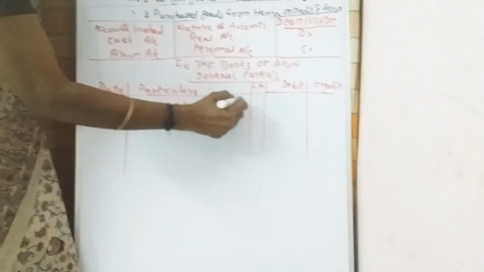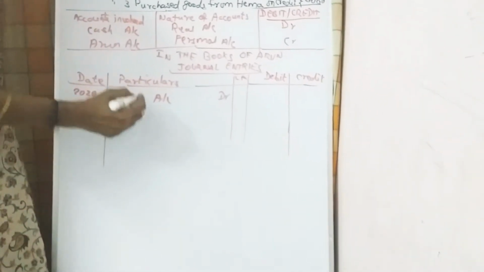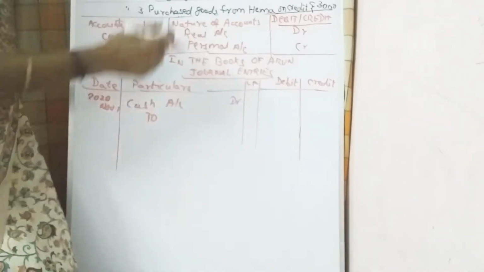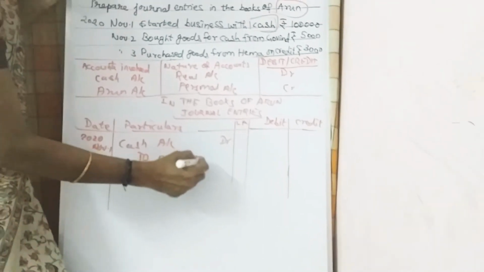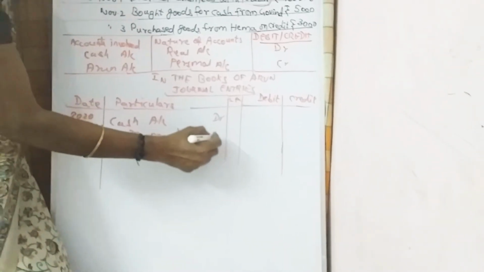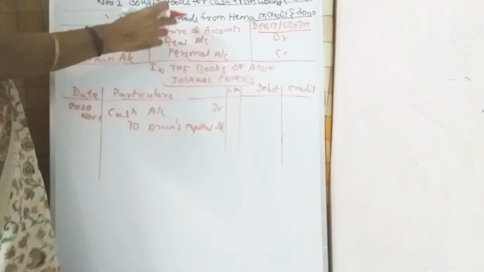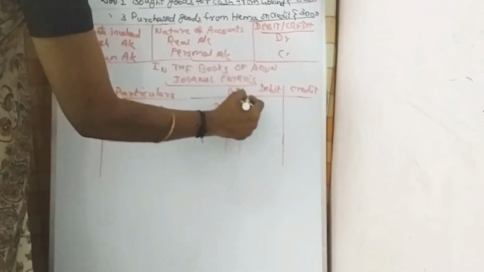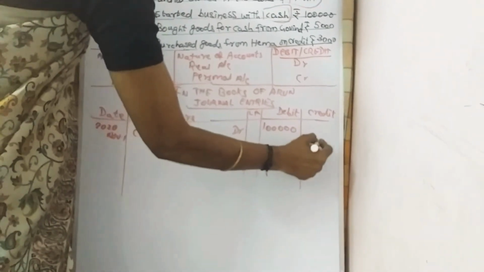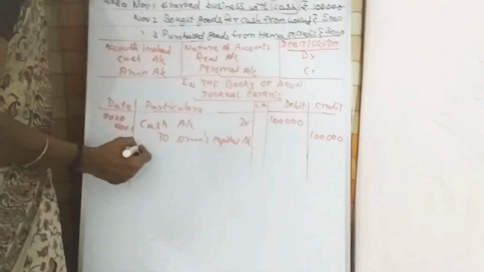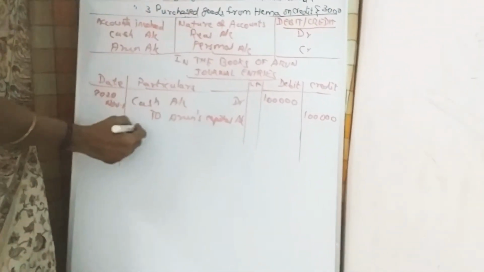So cash account debit, to the giver, Arun's capital account. So your debit amount is 1 lakh. Credit amount is 1 lakh. Narration, started business.